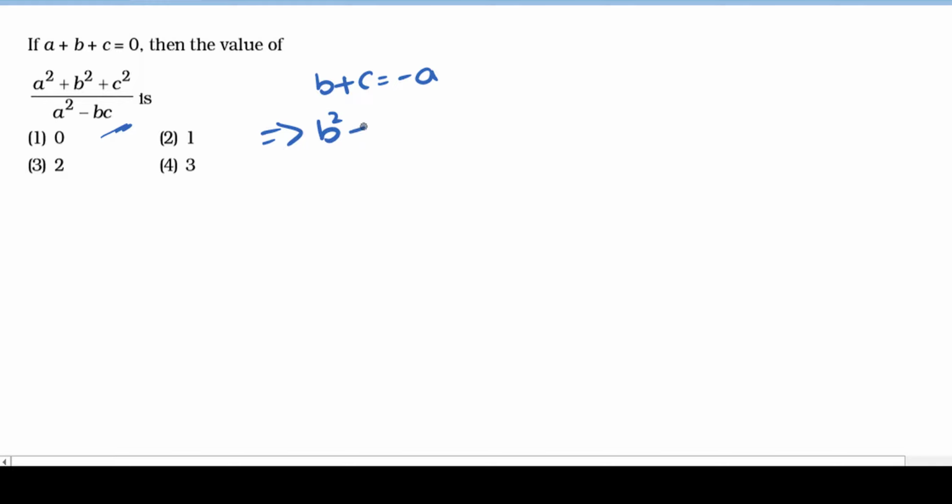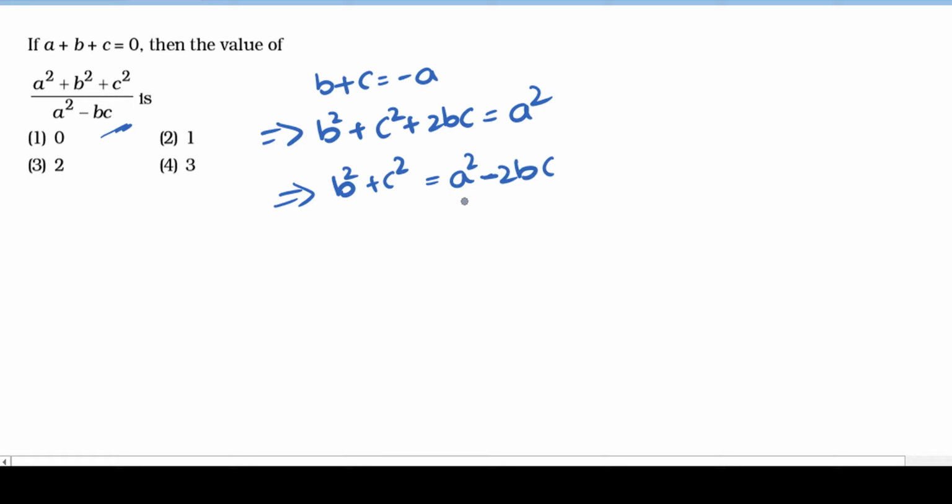Then we get b square plus c square plus 2bc equal to a square. Wow. Then b square plus c square equal to a square minus 2bc. Am I right? Yes, I am right.